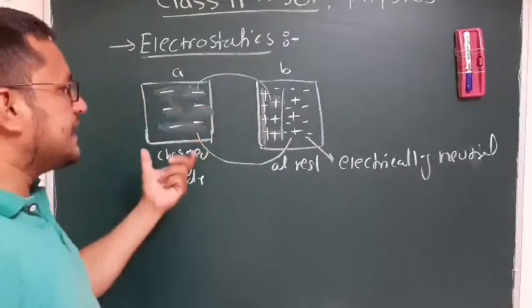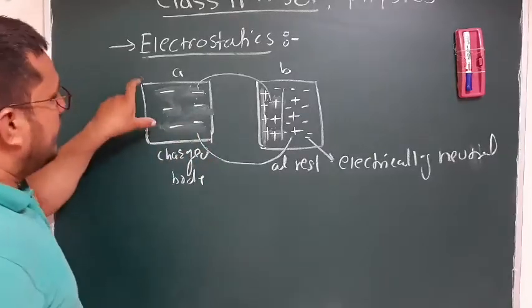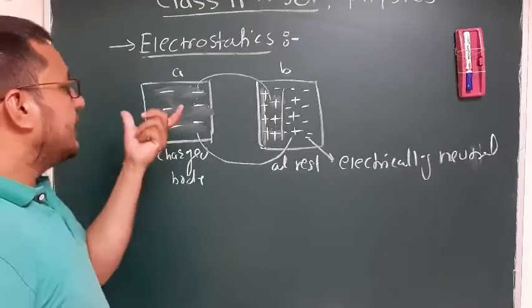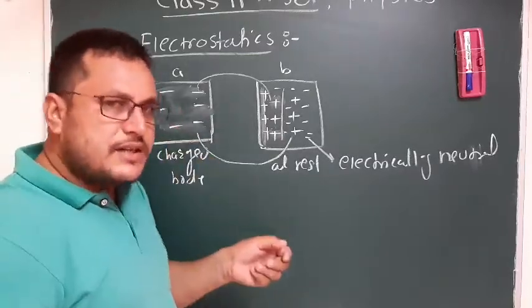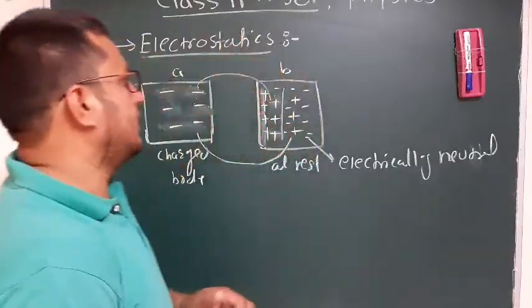Please draw this diagram and write the definition: like charges repel each other and unlike charges attract each other.